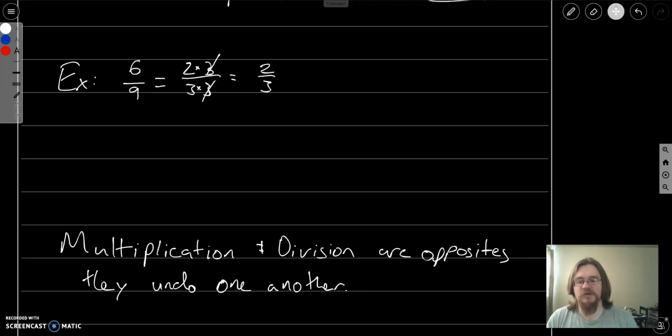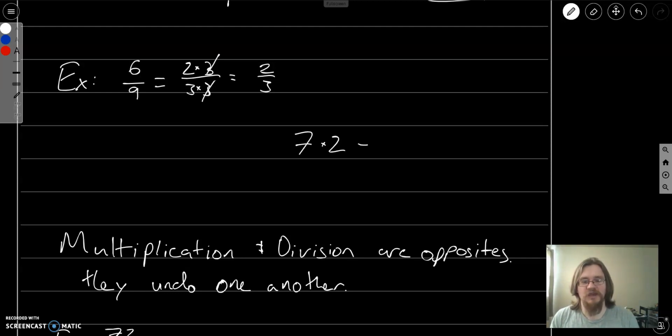So why does this happen? Well, it's the following fact. Multiplying and dividing are opposites. They essentially undo one another. So if I'm just thinking of the number 7, and then I multiply it by 2, and then divide it by 2, I just get 7 back.